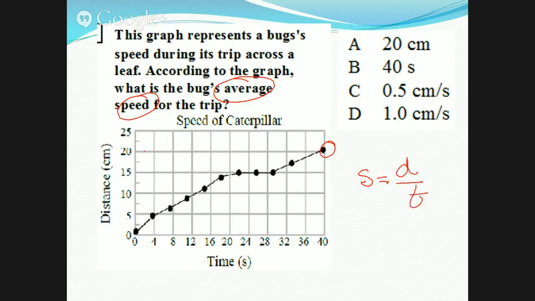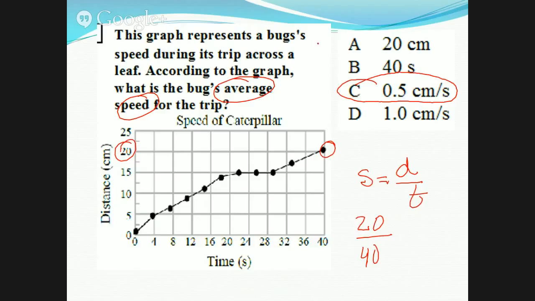So the distance was 20 and the time is 40. Now, what's 20 divided by 40? And don't say 2, please. That's 40 divided by 20. What's 20 divided by 40? 0.5. That's the only decimal one up there, so you really didn't need to even do the math. As long as you know it's little divided by big, you know it's going to be less than 1. Please don't put 40.